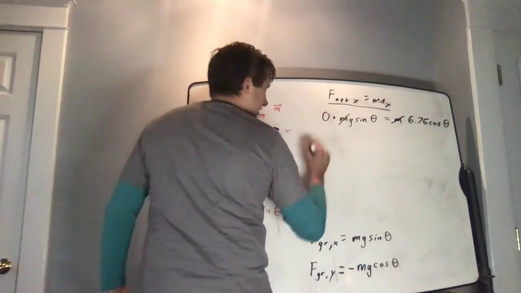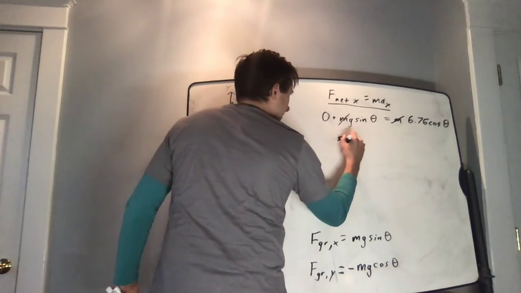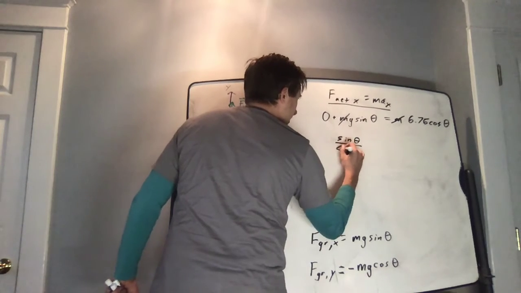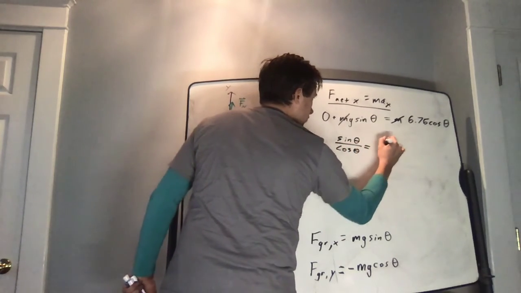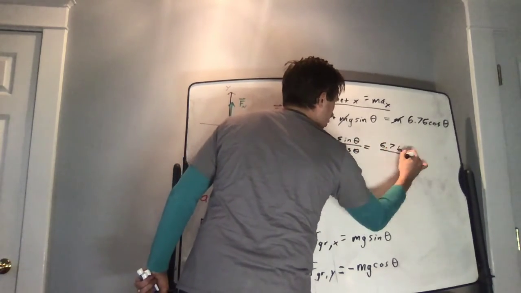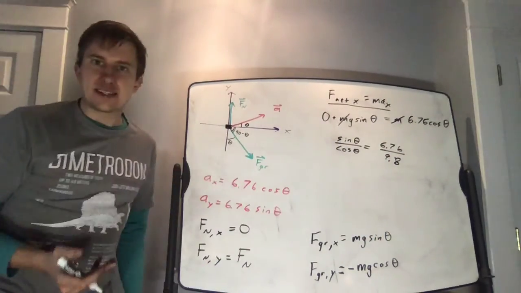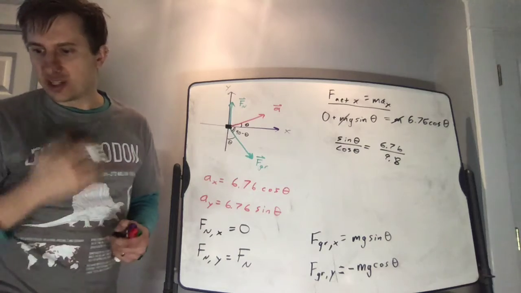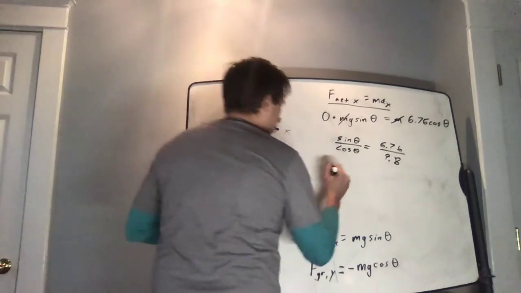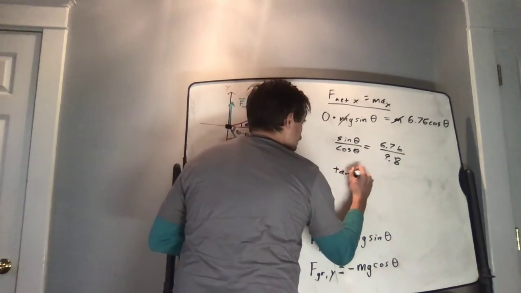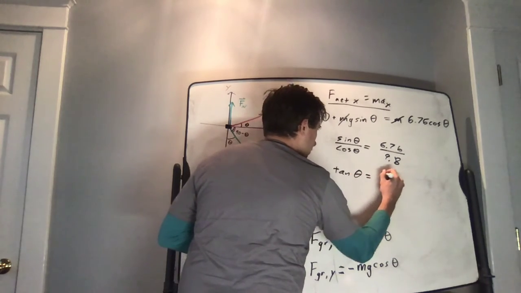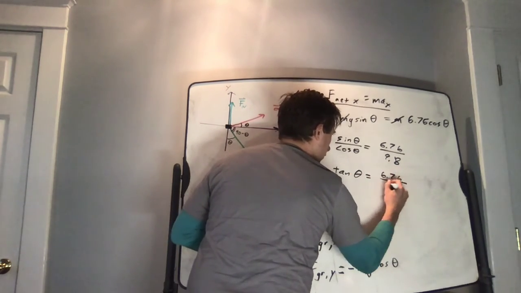So I could write this as sine theta over cosine theta is equal to 6.76 over 9.8. And I recognize that sine over cosine is just tangent. So I could write this as tangent of theta equals 6.76 over 9.8.